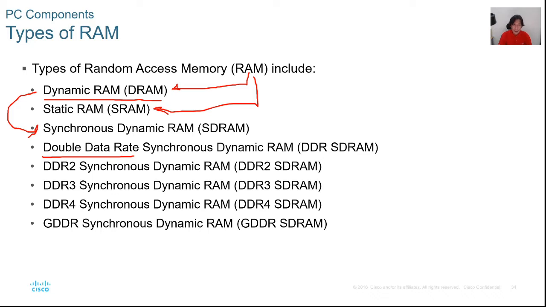It generates less heat. The first two a while ago generated high heat in terms of their chips. And the DDR3 usually runs with 240 pins, so you will see 240 pins.